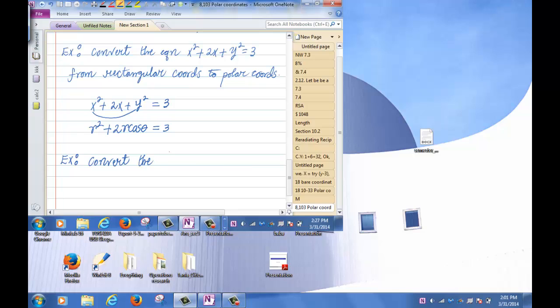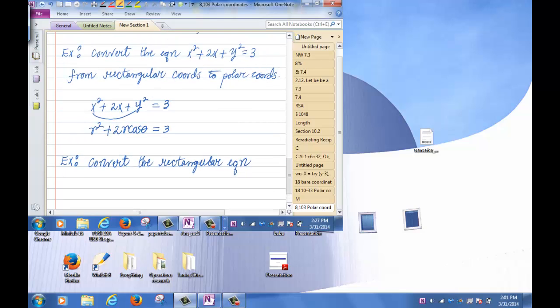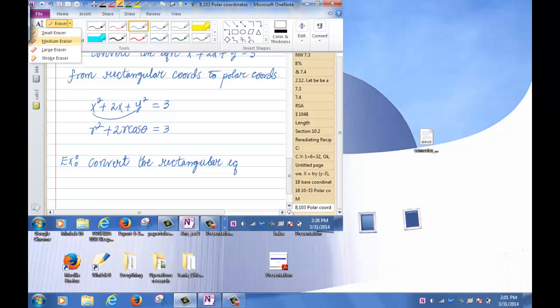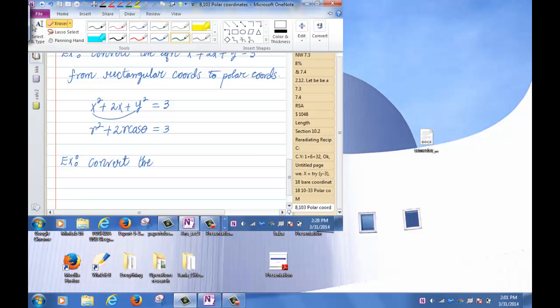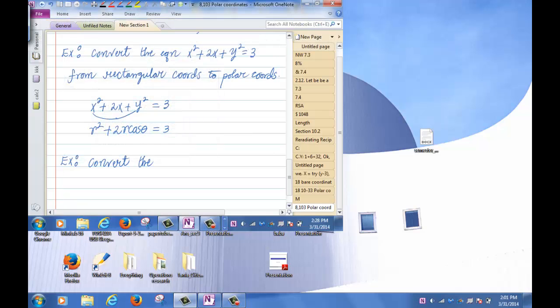Okay, the equation I have in mind is r is 2 cosine theta.